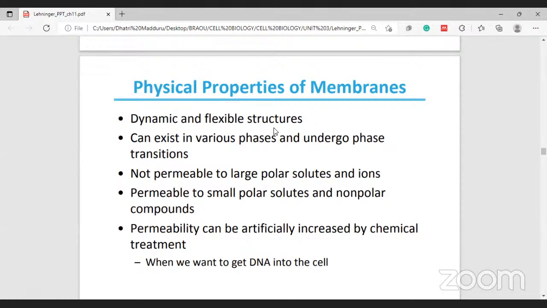Because the inner region is hydrophobic. Though the head groups are polar, the inner region is non-polar. Hence, the polar molecules cannot enter. Only small polar solutes, that too, through various ion channels, gates or transporters, will be transported. And the permeability can be increased artificially if we treat the plasma membrane with some chemicals.